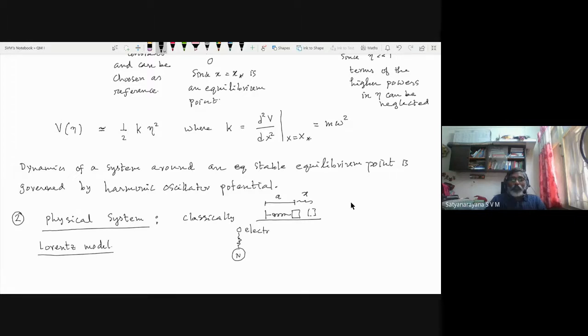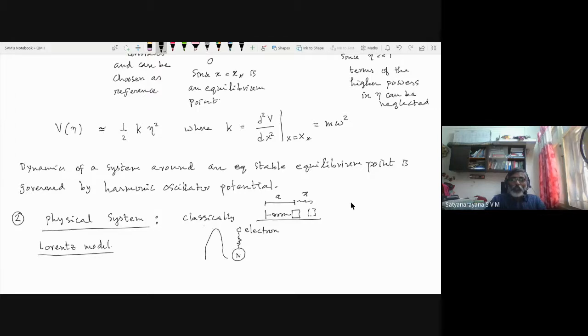So the atom is something like this, and now let's imagine that you are subjecting this to an electromagnetic field.